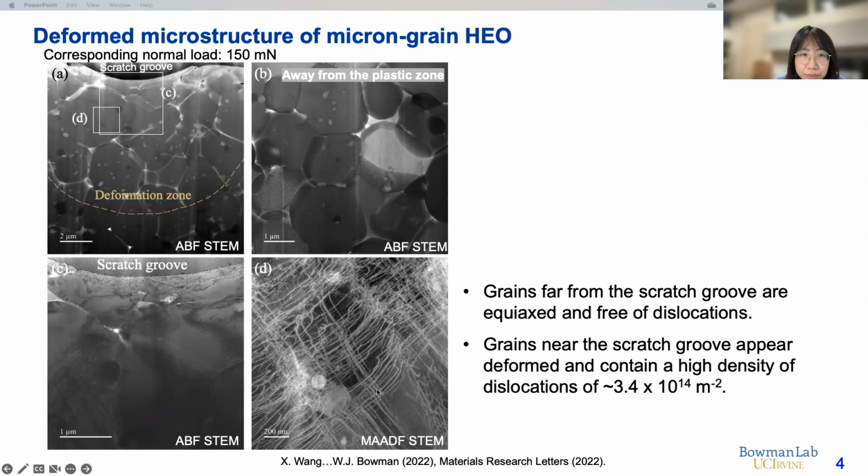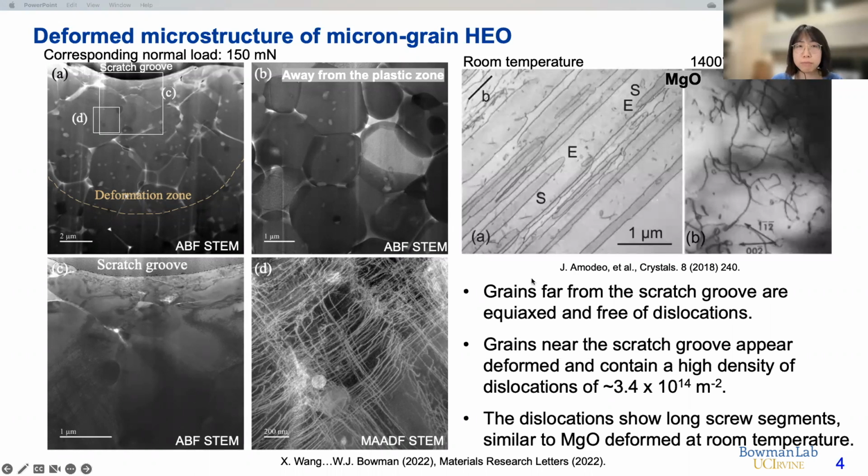So we used this dark field STEM image to calculate the dislocation density, which is about 3.4 times 10 to the 14 per meter squared. This dislocation density is even comparable to some of the cold rolled metals or alloys. So it's a very high density of dislocations for ceramics.